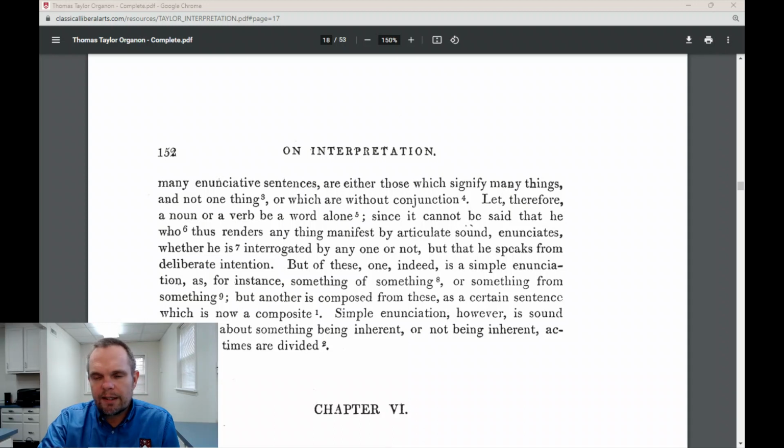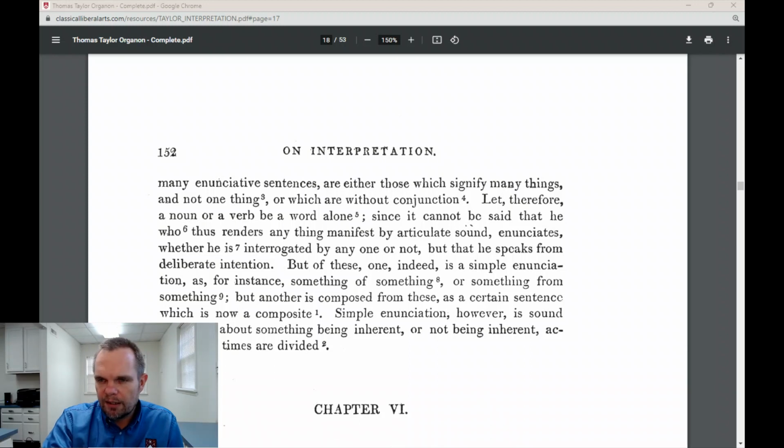And what Aristotle is saying is that's not enunciation, even though it is in a way, because the subject and the predicate are understood because of the question. But when we express a response to a question with a single word, that word is not enunciation.